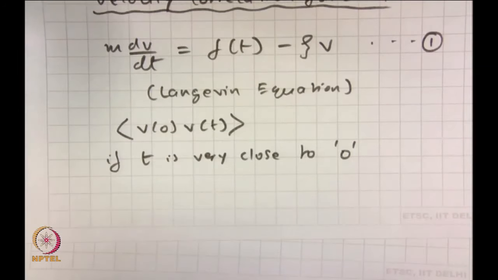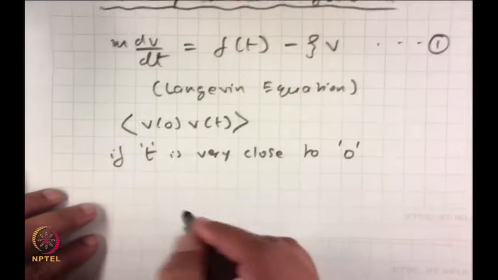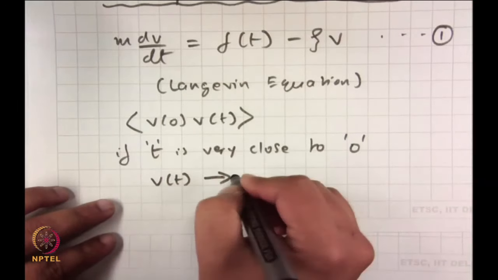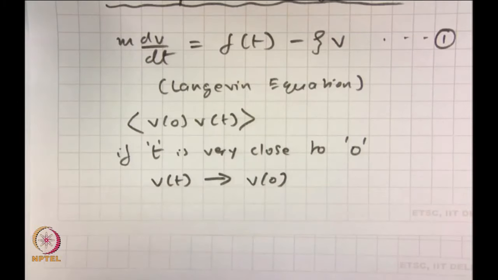It is like what I had for t naught and t naught plus t correlated. What I am saying is t naught is equal to 0, then any other time t correlation is essentially t for me. So, if t is very close to 0, then what about v of t? It would be almost tending to what? V 0, excellent. Okay. So, then what is the maximum value of this ensemble average?